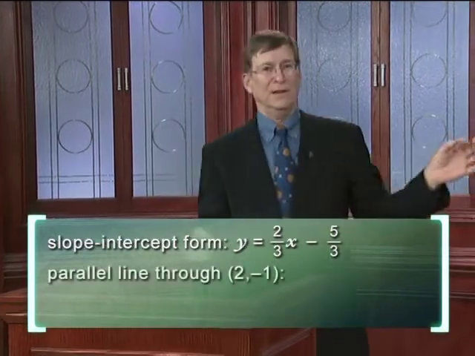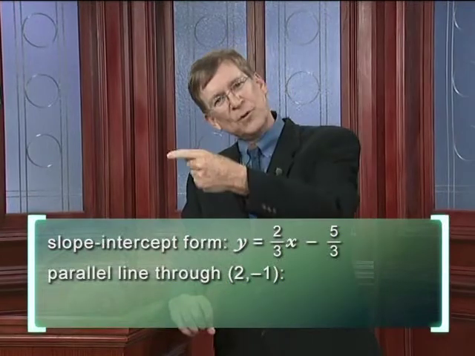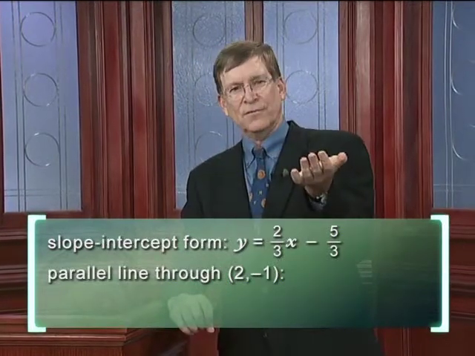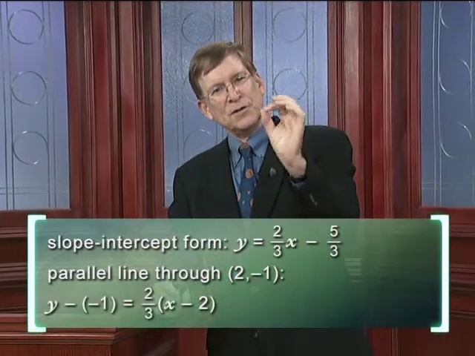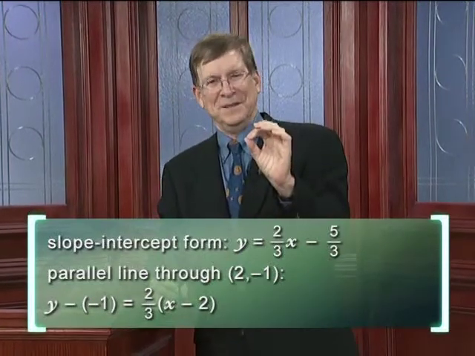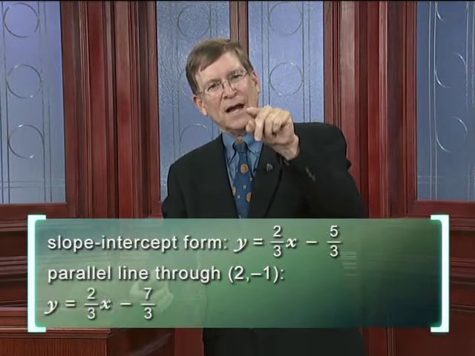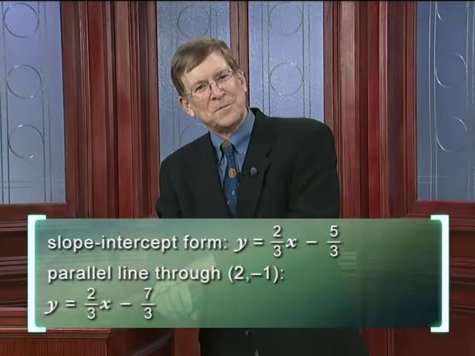So the parallel line will have the same slope 2/3, but pass through the point 2, minus 1. So I just plug that into the formula. Y minus minus 1 is 2/3 times x minus 2. I'm using the point-slope formula here. I then simplify the algebra, and I get the line y equals 2/3 x minus 7/3.